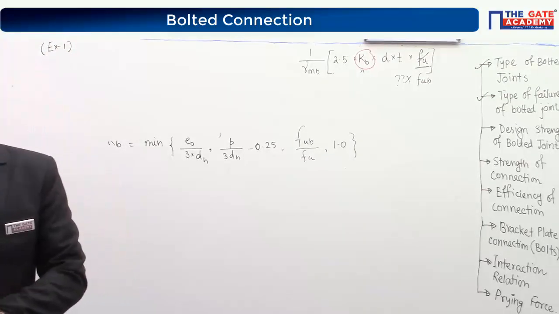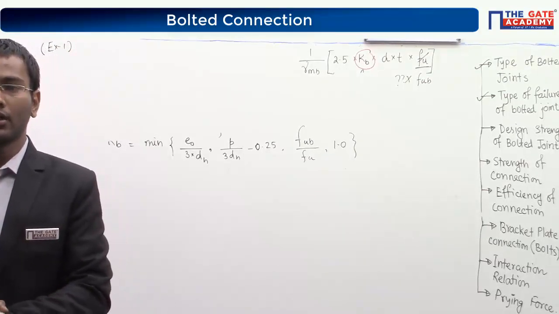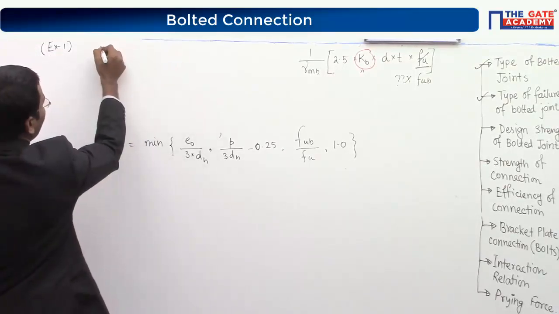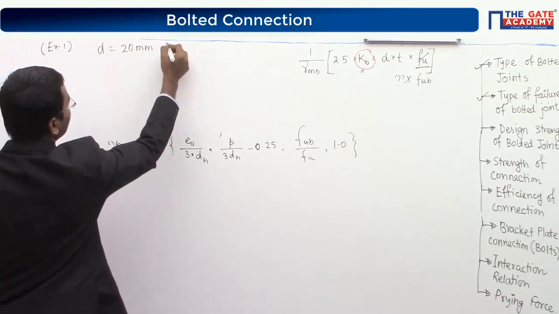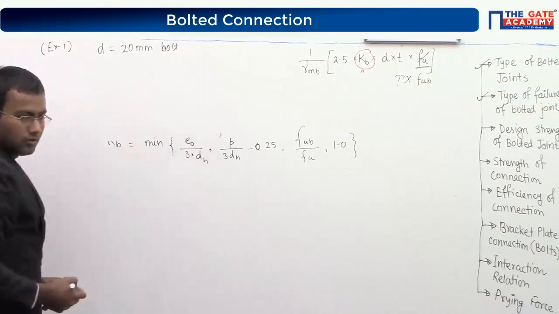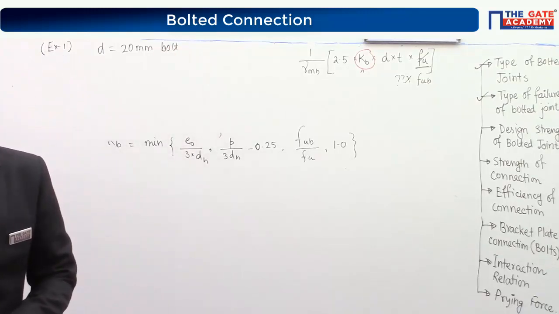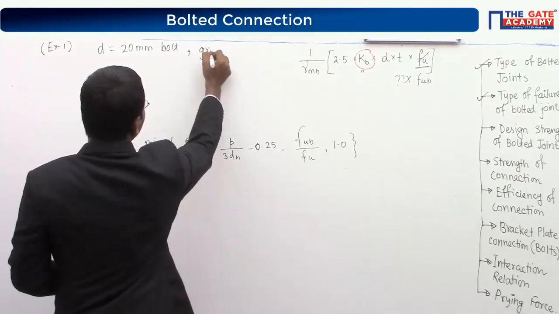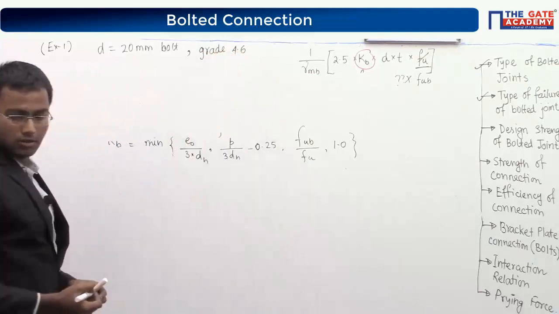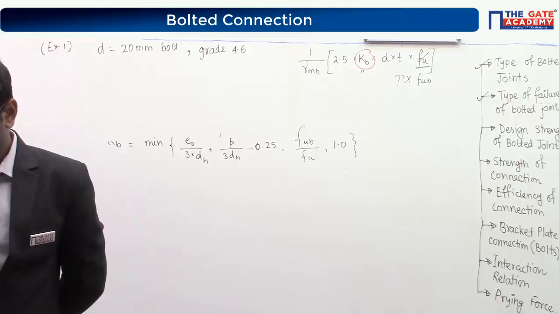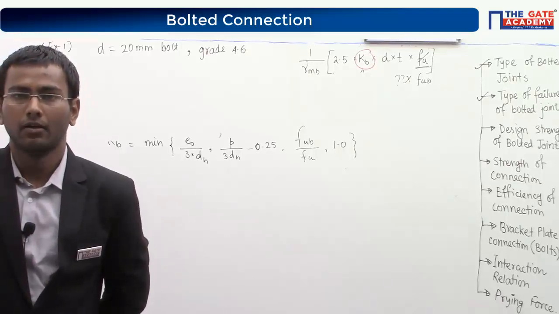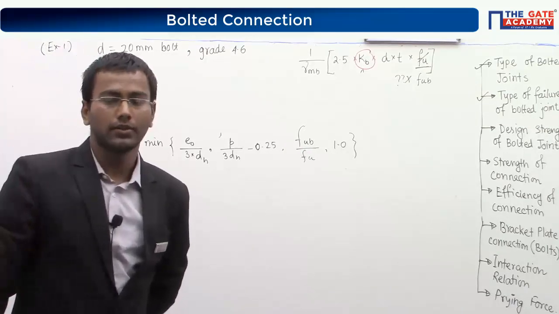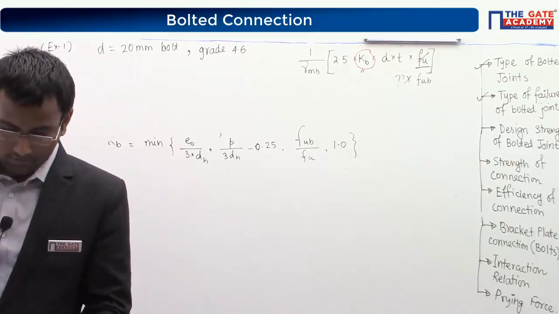Write down the question: Calculate the strength of a 20 mm diameter bolt of grade 4.6 for the following 3 cases. So write down.